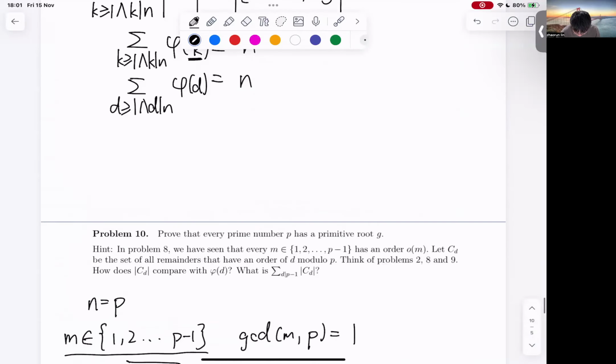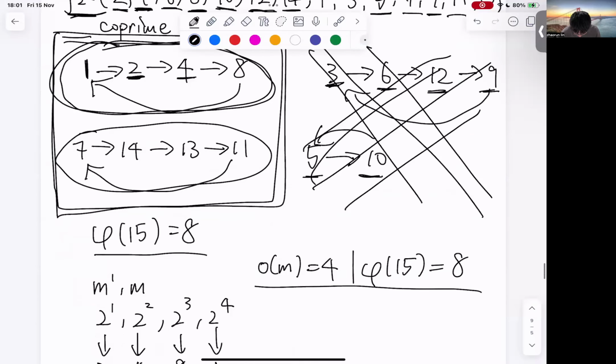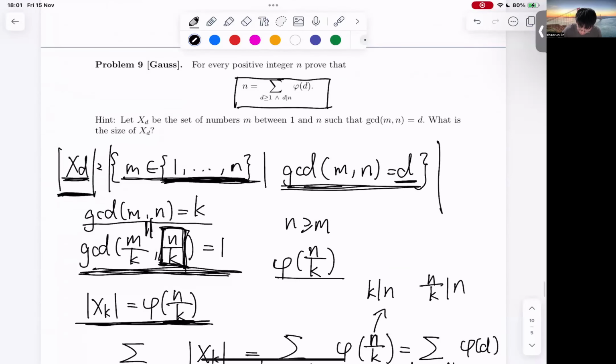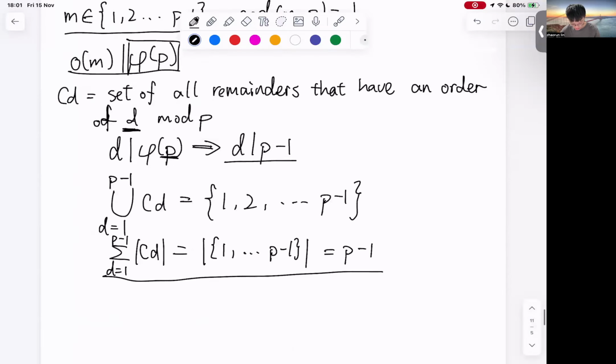And from problem 9, we just proved that for every positive integer n, if d is a divisor of n, and we take its Euler totient value and sum over all divisors of n, it equals n.